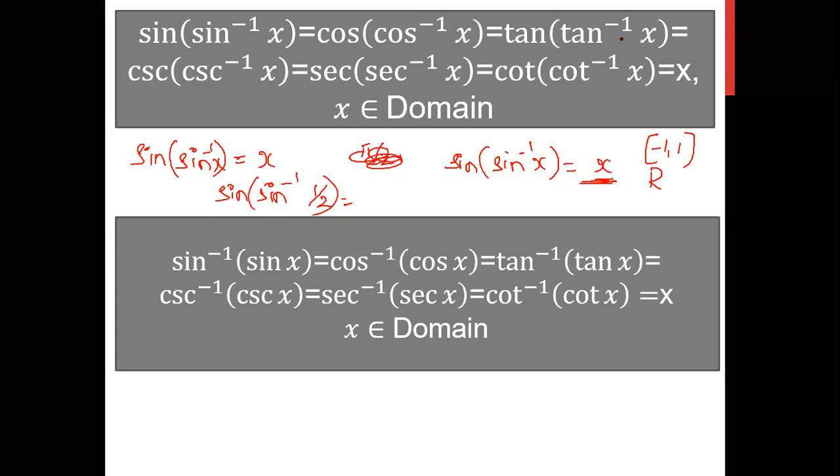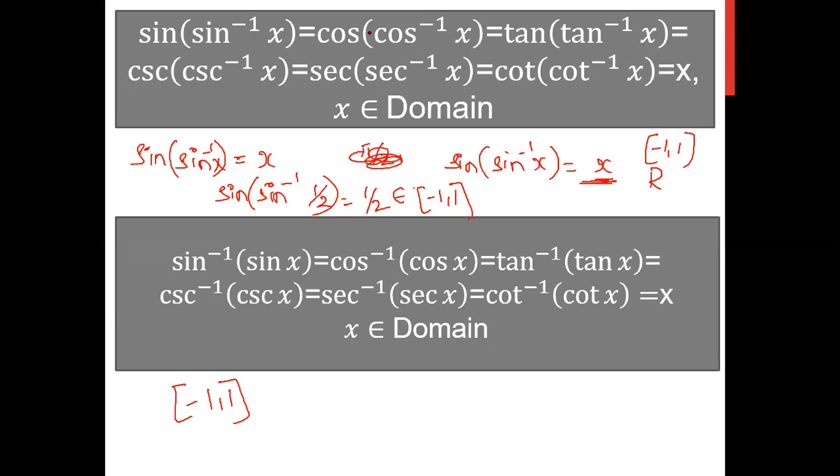The domain of the sine inverse function is -1 to 1. Yes, half belongs to it. So sine of sine inverse half should be half. Directly you can write half, because half belongs to -1, 1. I hope I have made clear what this means.